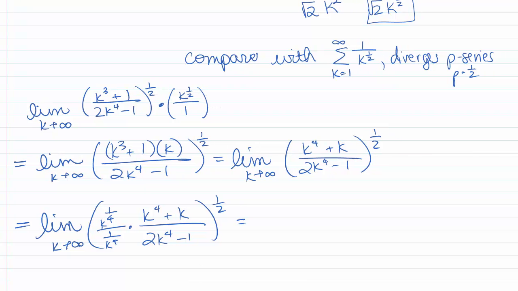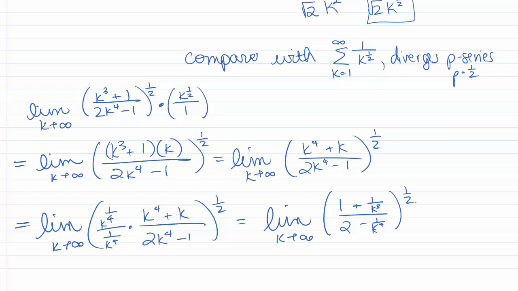And then this is the limit as k goes to infinity of (1 plus 1 over k cubed) divided by (2 minus 1 over k to the fourth), all to the half. And now we can see that that limit is going to be 1/2 raised to the 1/2, which is the same as 1 over square root of 2.